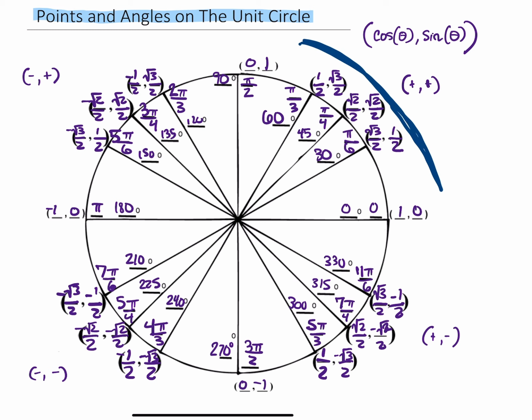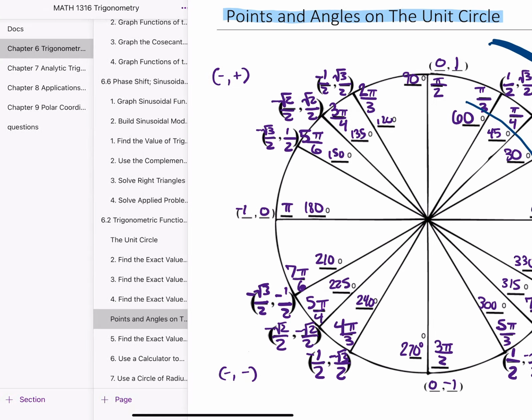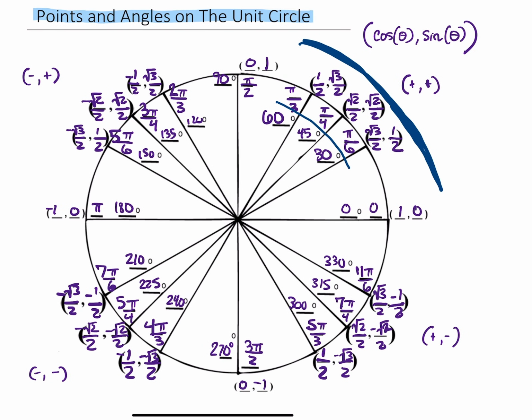It's not too many values: 1/2, √3 over 2, √2 over 2, you just have to place them in the right position. And then we have our pi over 3, pi over 4, pi over 6. So try to get that down, and then use symmetry and the angle patterns to pull up the rest of the quadrants in your memory. So I would recommend practicing that once per day.